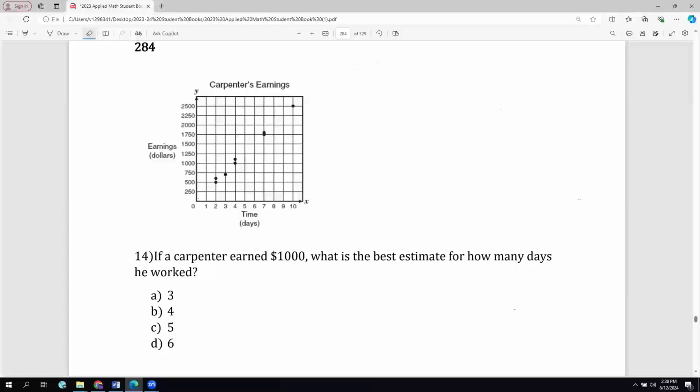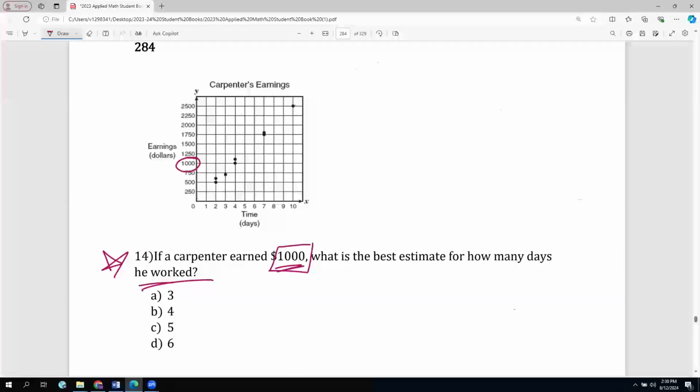Okay. So question number 14 says, if a carpenter earned $1,000, what is the best estimate for how many days that person worked? So they're saying, if somebody made this much money, about how many days did they have to work to make $1,000?